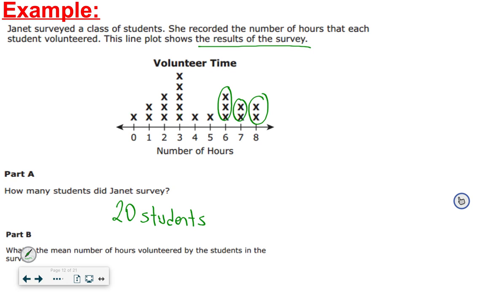Janet surveyed 20 students. What is the mean number of hours volunteered by the students in the survey? As you see here, only 1 student volunteered for 0 hours. For 1 hour, there are 2 students.